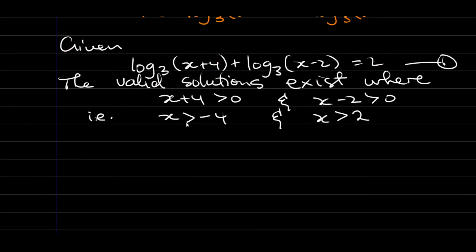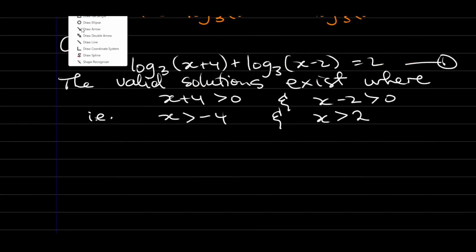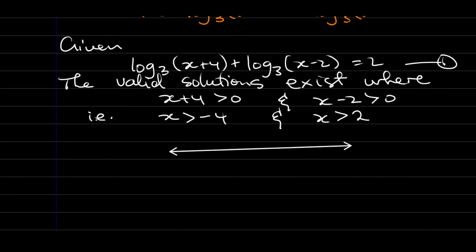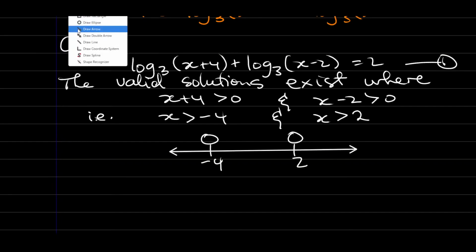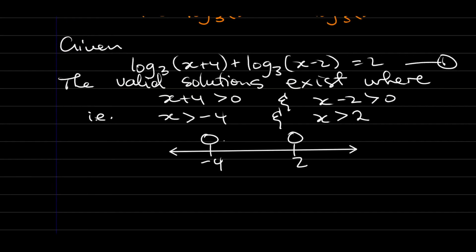Right, so let's draw a number line and see exactly what is the overlapping region so that we can figure out where the valid solution needs to exist. All right, so the valid solution would exist where, well, this is negative 4 here. This is 2 here. These are both open circles. And we're looking at the direction of, well, greater than negative 4 is this direction. Greater than 2 is this direction.